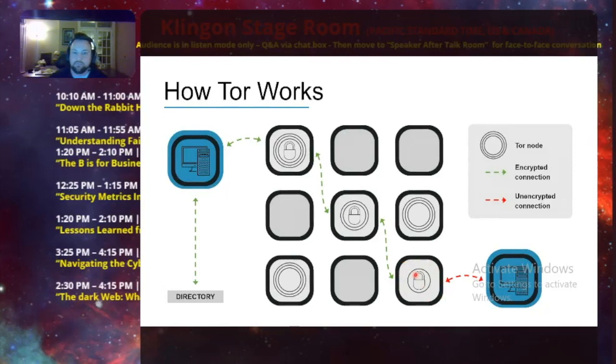Could be a nation state, could be a volunteer, who knows? So it's best to be safe and ensure that when you're using Tor, you're using it in a way that's secure, so you're not exposing yourself. So try to use anonymous names as much as possible.